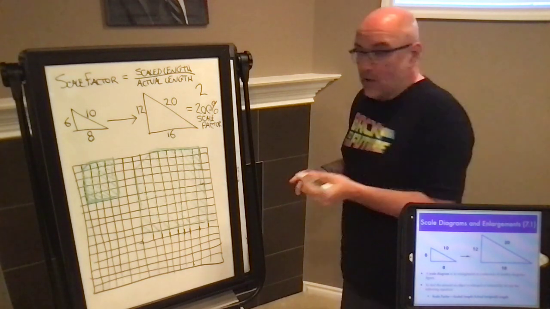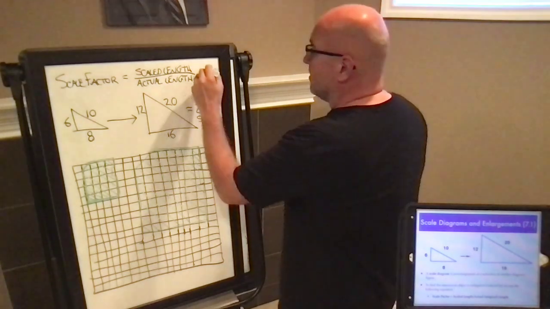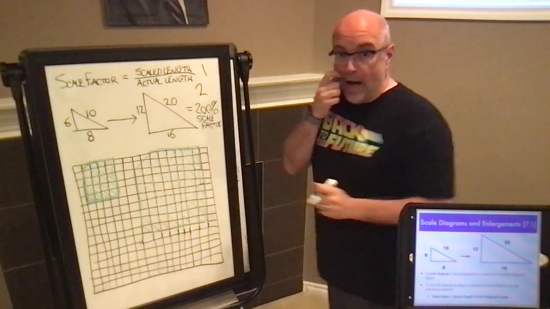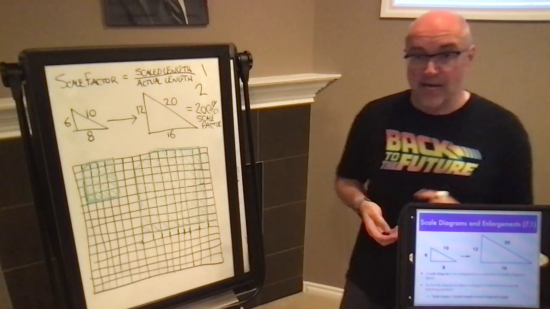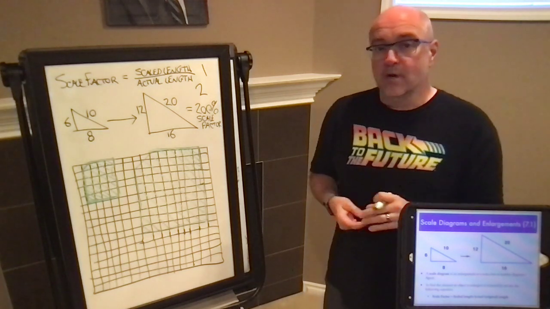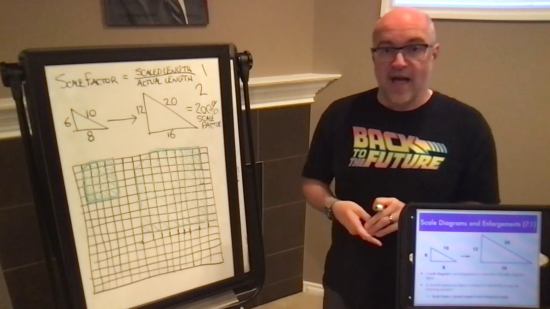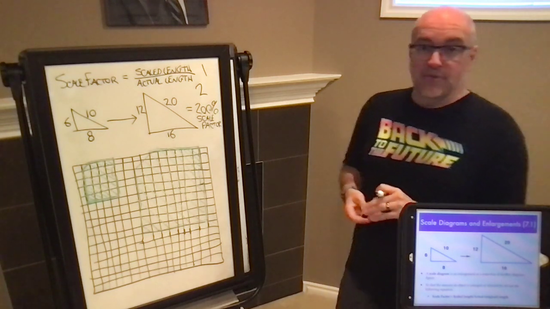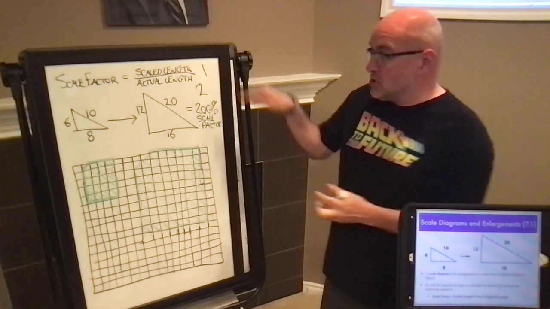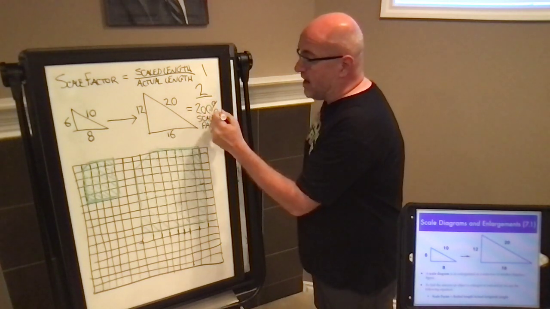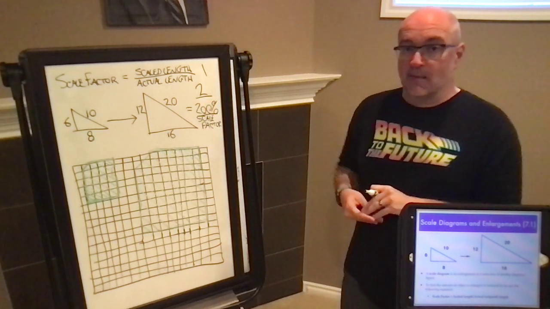You're probably well aware, or hopefully you're well aware, that percentage-wise, 1 is related to 100%. So if I had 2, I would simply take 2 times 100 to get my 200% scale factor. So those are basically 2 or 200% for the scale factor in this case, and they pretty much mean the same thing.